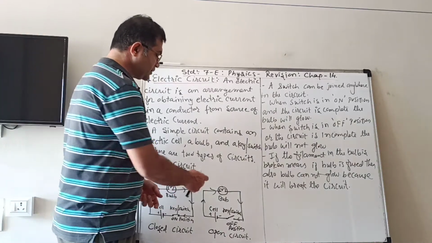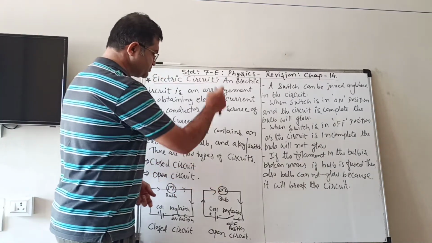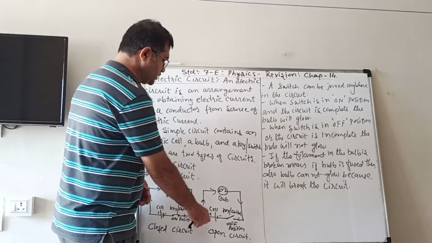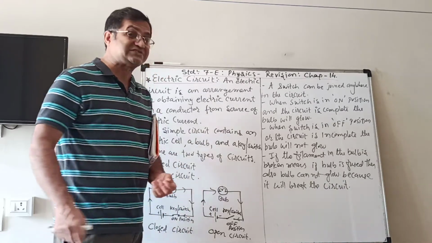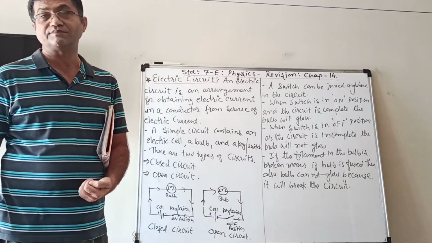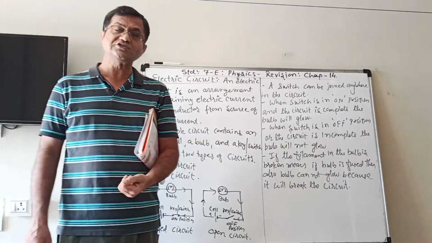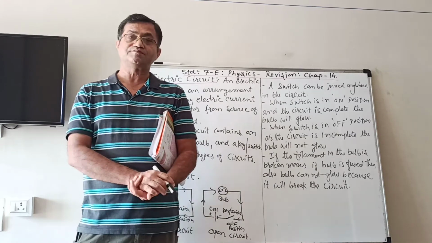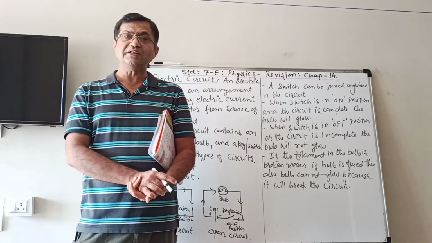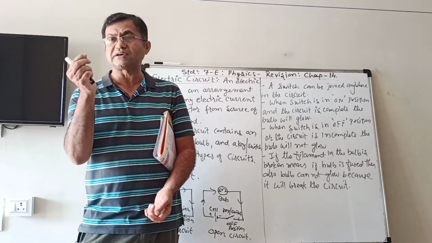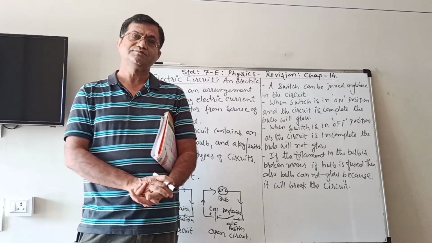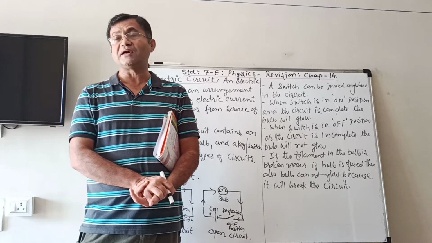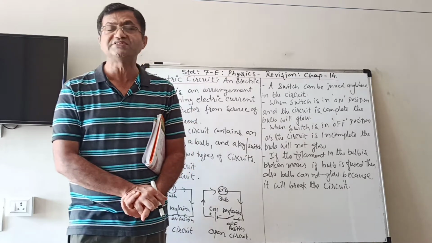Or maybe somewhere the circuit is broken, like here also, or somewhere here, or one of the ends of the cell is not joined properly. In this situation also, you will say that it is an open circuit. Wherever in the circuit there is a gap, even a little gap, it will be regarded as an open circuit.